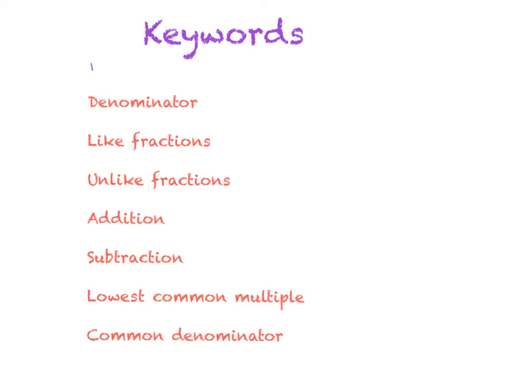Here's a look at the keywords that we've met so far in today's lesson. Denominator, well, we've met that before, and more than likely you already met it in primary school. Like fractions and unlike fractions. Can you give me an example of what a like fraction is and what an unlike fraction is? Well, like fractions, we say that they are 1/5 plus 2/5. They have the same denominator.